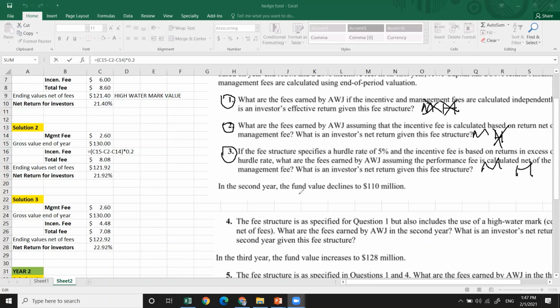So it means that the hedge fund puts themselves into some kind of framework. Yes. And despite that fact, the net return for investors will be higher, right?